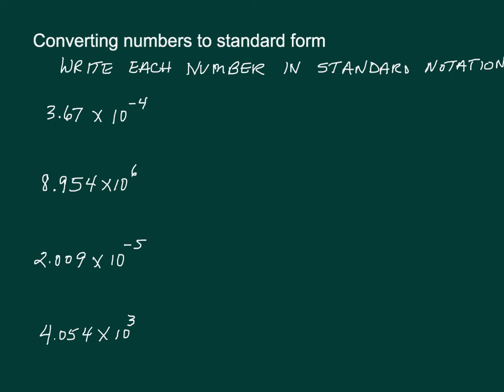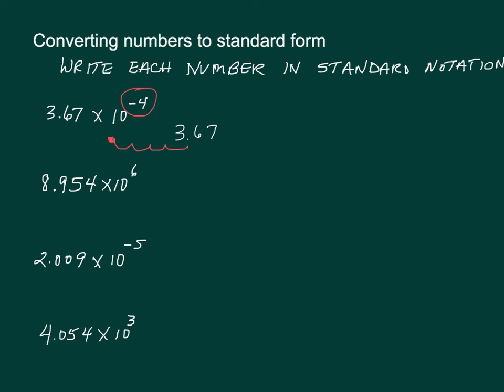So we're going to move the decimal from where it is. Basically I'm moving it to the left. I don't have enough room here to do it, so I'm going to go ahead and write it again. If I have 3.67, I need to move the decimal 4 places to the left, because that's what this says. 1, 2, 3, 4.